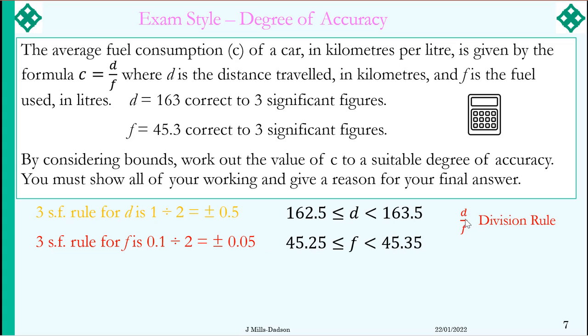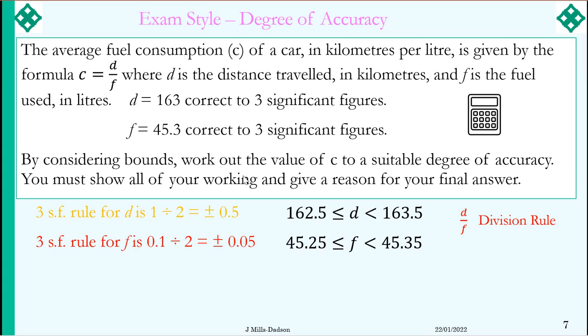Now the division rule. If we recall the division rule, the numerator should be the biggest possible and the denominator should be the smallest possible to get the biggest answer. For a smaller answer, the numerator should be the smallest possible and the denominator should be the biggest possible. So recall your division rule.